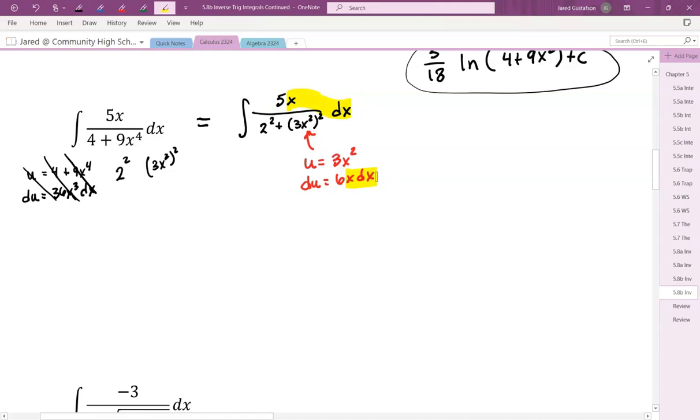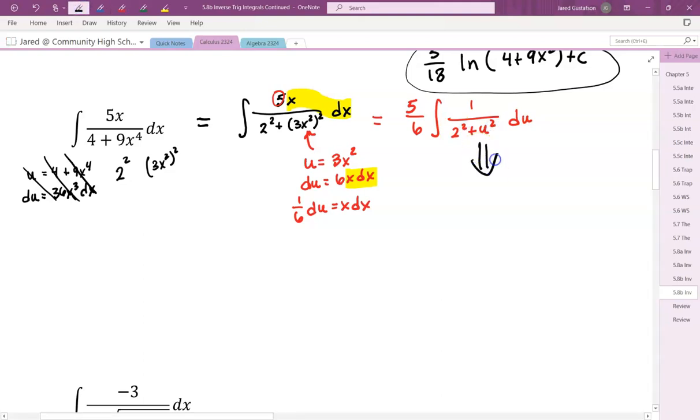It's going to let us get rid of that stuff, make this look more familiar. But I should definitely divide by 6 before getting too far ahead of myself. Let's bring the 1/6 out front, and let's also bring that 5 out to the front. So we have 5/6 out front, 1 over stuff, and I'll put the du at the back end, and then we have 2 squared plus u squared in the denominator.